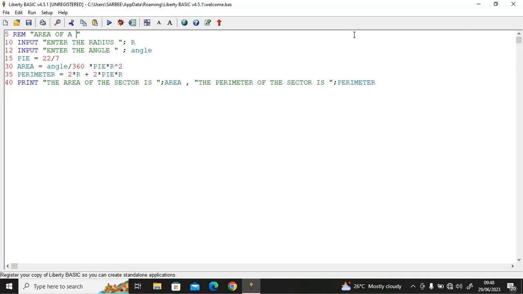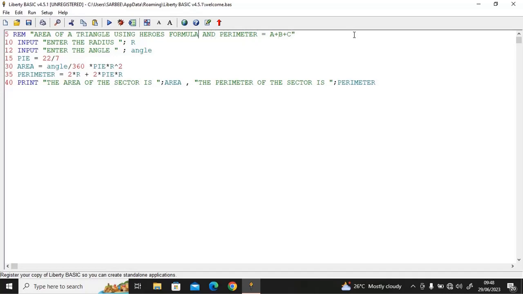Now, the area of a triangle using Hero's formula. So we can use the perimeter. Perimeter is you add all the three sides together. Perimeter is equal to A plus B plus C. That is the perimeter of a triangle. We are given three sides.